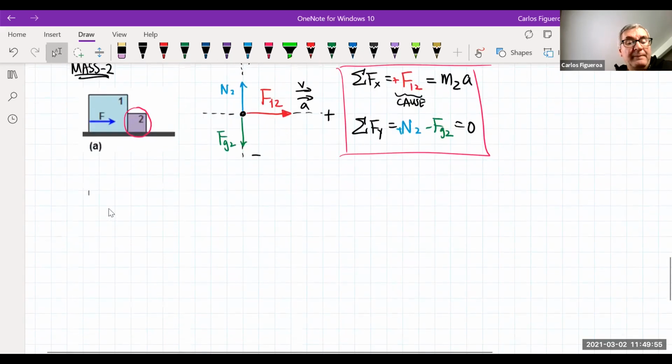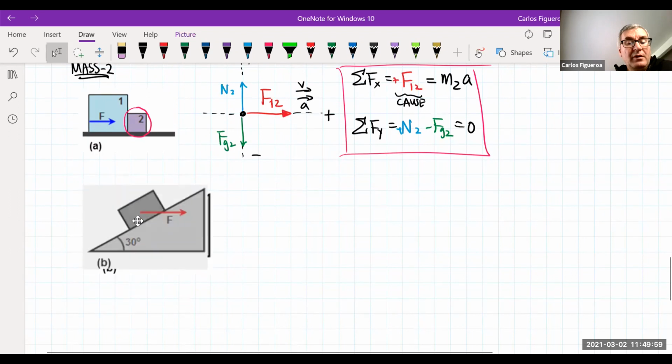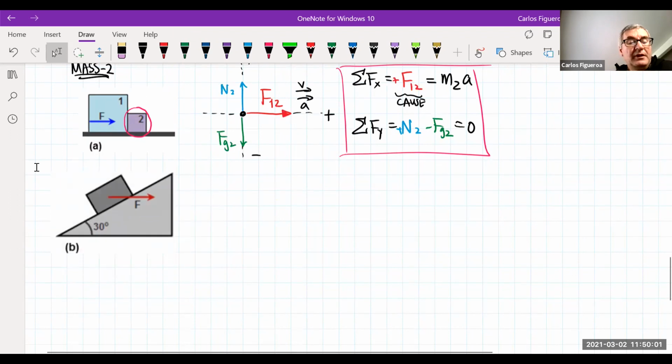Okay, here we go. So here's B. Remember what I said about coordinate systems. The first thing that you should do when picking a coordinate system is look at the direction of motion, and make sure that motion is along one of the coordinate axes.